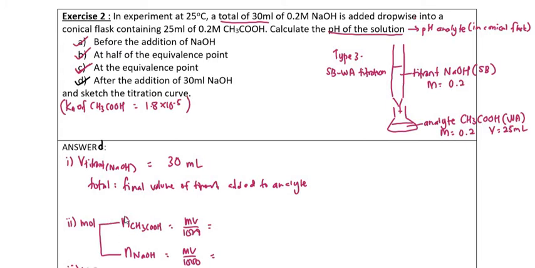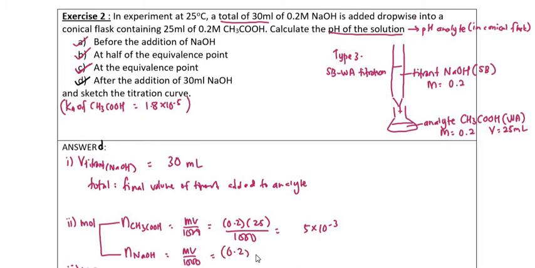Okay, we just proceed to step number 2, calculate mole of acetic acid. MV over 1000: 0.2 multiplied by 25 over 1000, and you will get 5 exponent negative 3. How about mole NaOH?